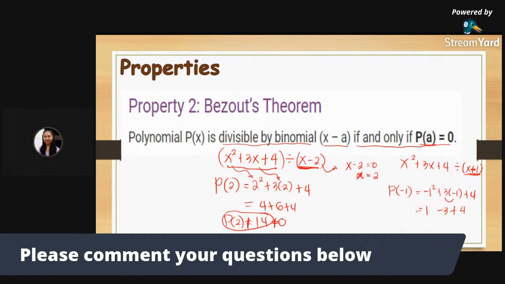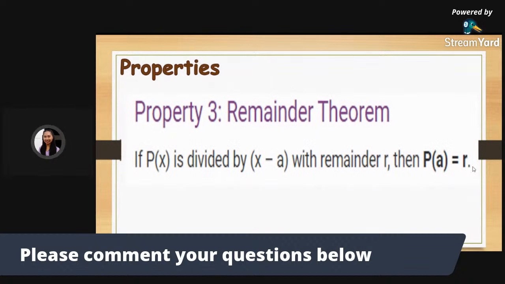We have positive 1 minus 3, we have negative 2 plus 4. The answer is positive 2. So since p of negative 1 is not equal to 0 and it is 2, therefore x squared plus 3x plus 4 is not divisible by x plus 1. Only if the answer here is 0 can we say that this polynomial is divisible by the given binomial.